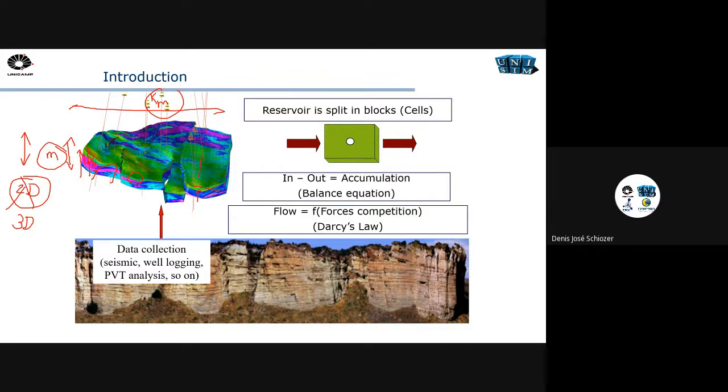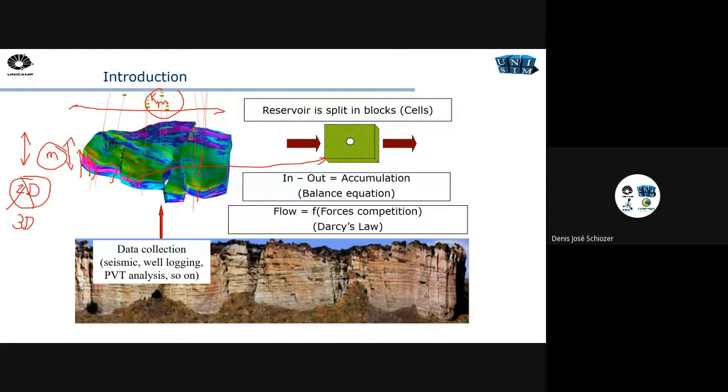So what we are going to do is discretize this reservoir simulation model, and each block of this will represent an equation. I'm going to show the equation of the conservation of mass in one of the blocks here, and we're going to apply this conservation of mass for all the blocks in the reservoir simulation model. For example, if you have 1 billion blocks, we have to solve at least 1 billion equations.